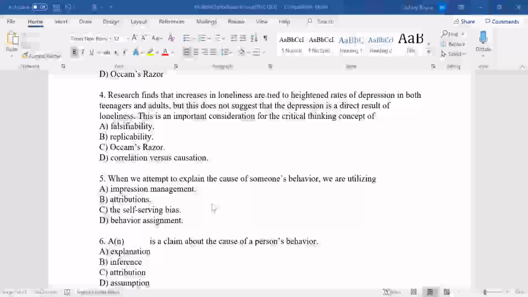All right, so number 5. When we attempt to explain the cause of someone's behavior, we are utilizing A, impression management, B, attributions, C, self-serving bias, or D, behavior assignment. Okay, B. Anybody else has a different answer?